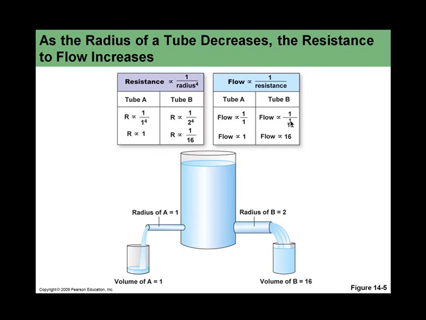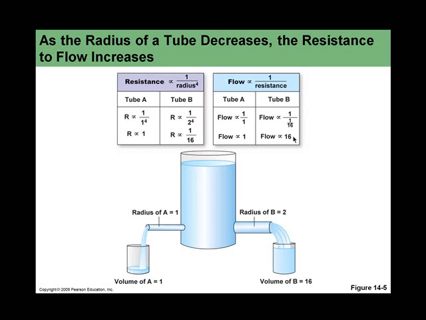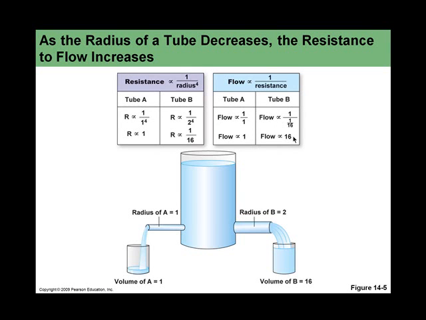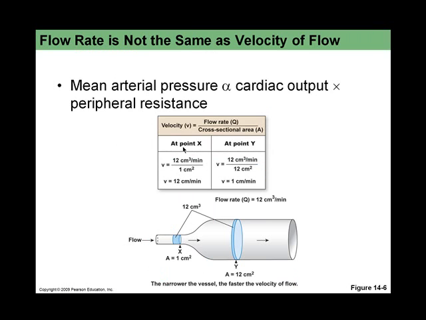So 1 over 1/16 is 16. Hopefully these simple mathematics are coming back to you if you haven't done them in a while. So the flow would increase by a factor of 16 with a doubling of the radius. We'll come to the box and then back to this.